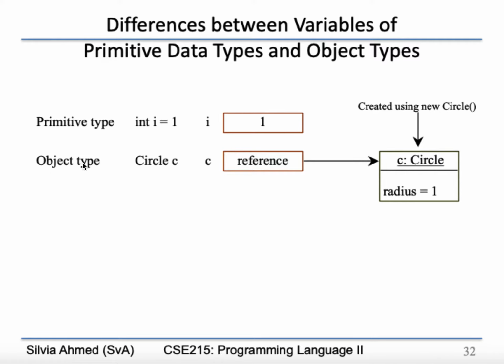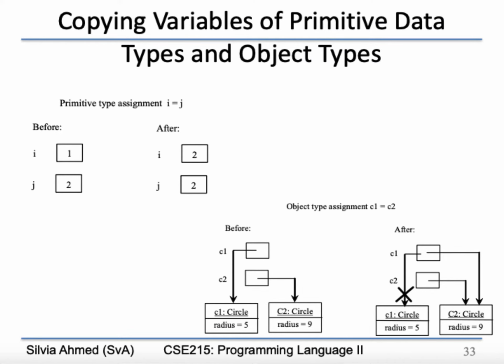But when we have an object type like Circle c, this c, the memory location c, will not hold the object itself. Rather, the actual object will be somewhere else. c will hold the reference or the address of that object. Now we have seen the difference between a variable of primitive type and reference type.